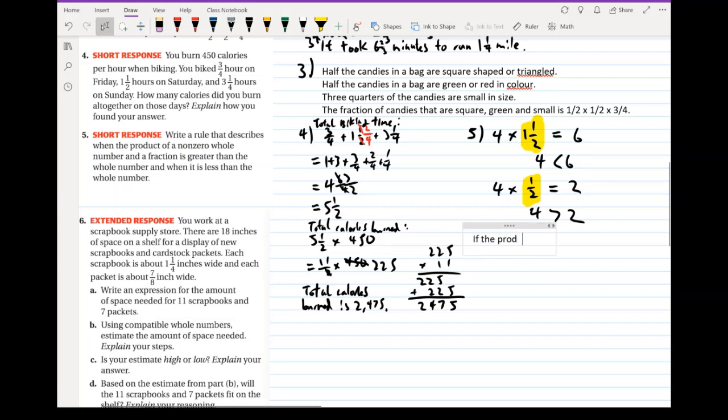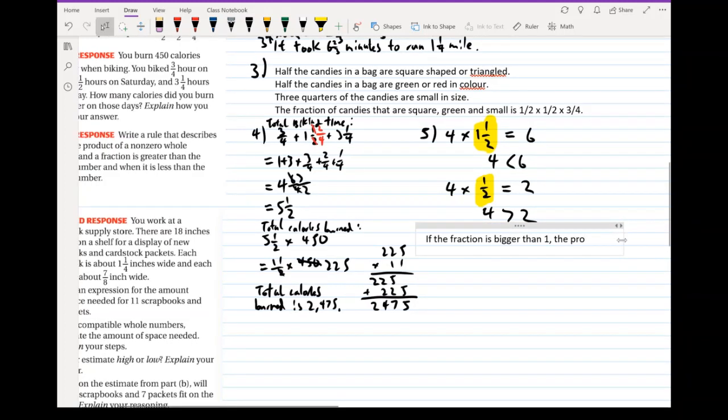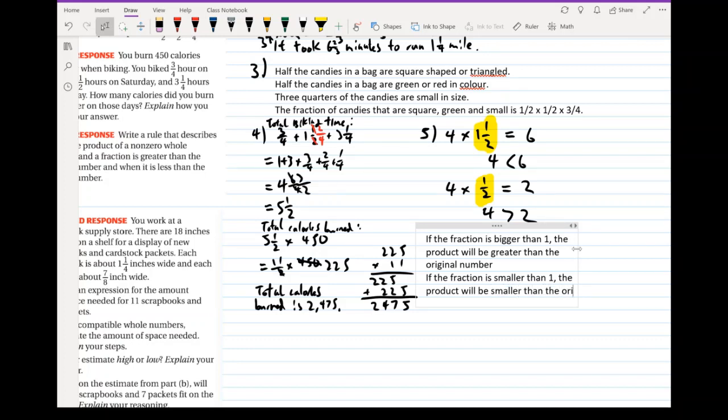If the fraction is bigger than 1, the product will be greater than the original number. But if the fraction is smaller than 1, the product will be smaller than the original number.